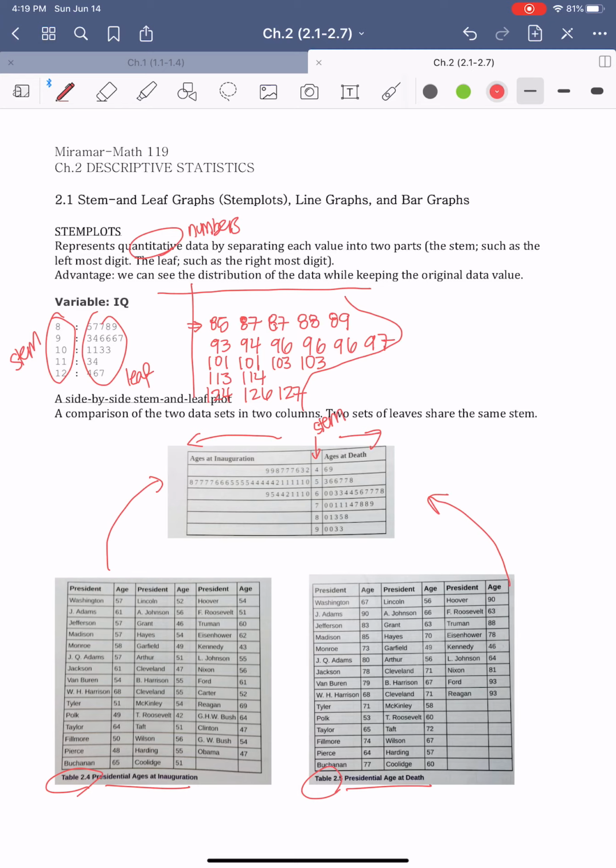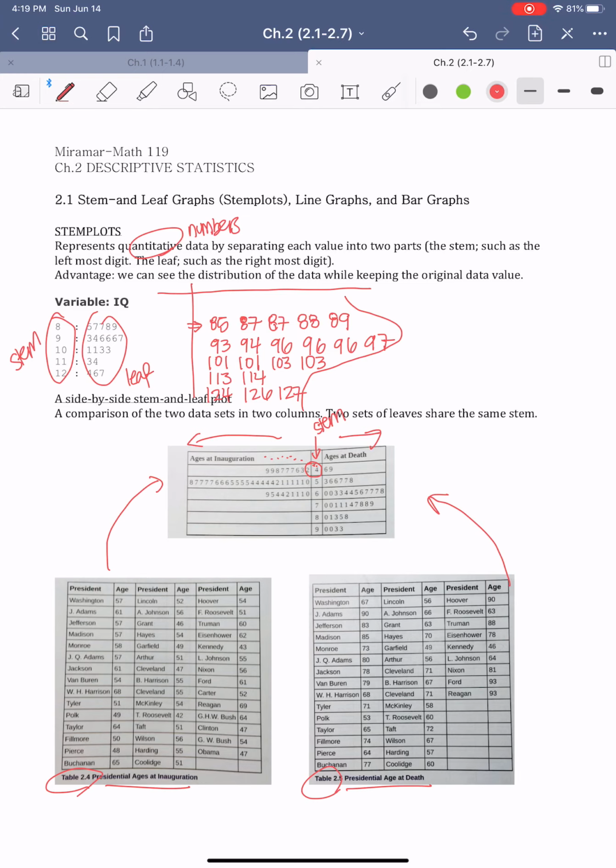Now to interpret it, starting from the left-hand side, you're going to read 42, 43, 46, 47, 47, 47, 48, 49, 49. You start with the stem and then spread it out. So let's double check. Do we have only one age of 42 at ages at inauguration?